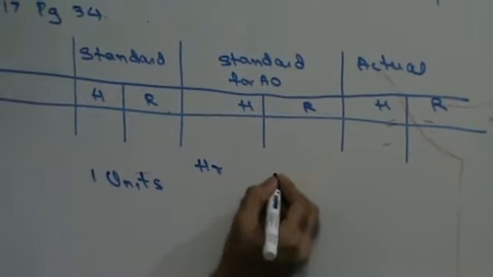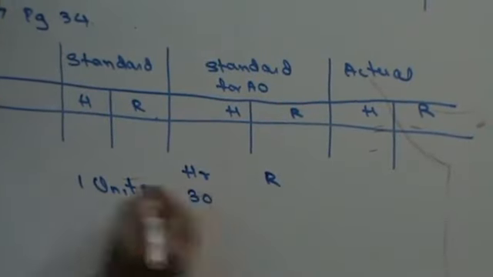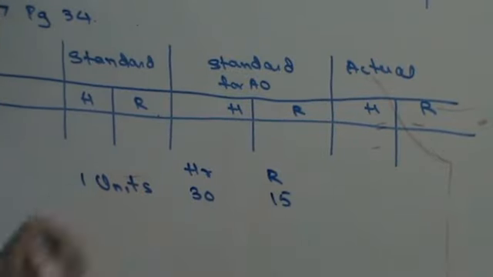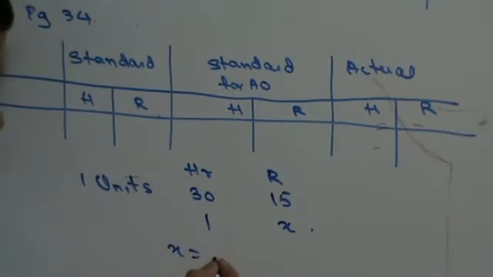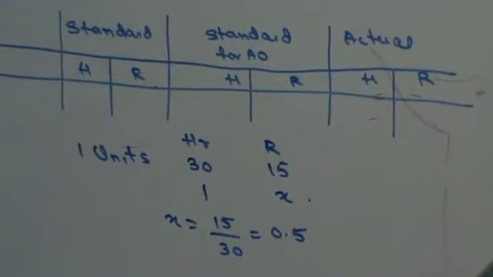Guys, see this. For 1 unit, it takes 30 hours and I'm paying 15 rupees for 1 unit. That means per hour, how much am I going to be paying the labor? X is going to be equal to 15 upon 30, which is 1 upon 2, which is 0.5.